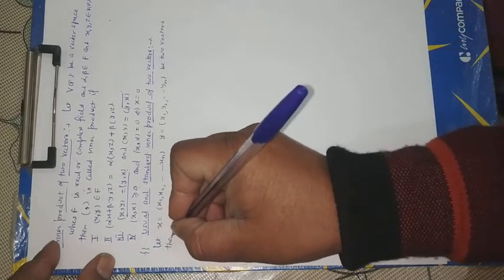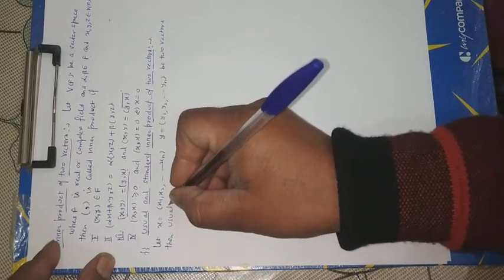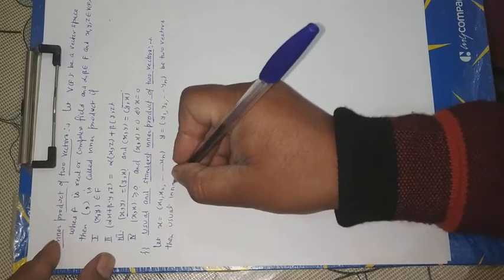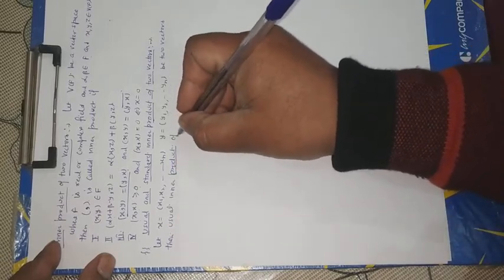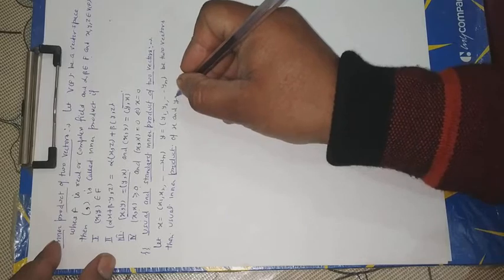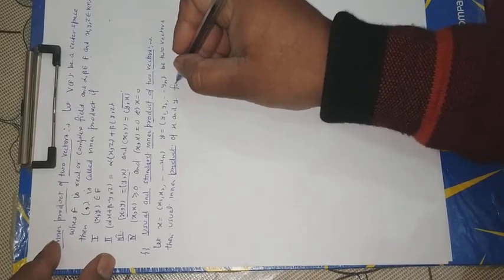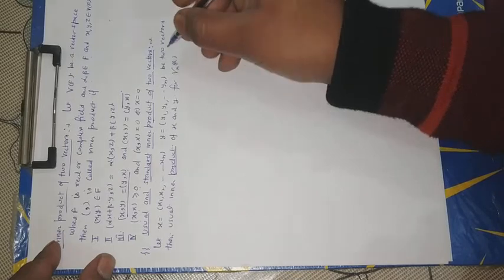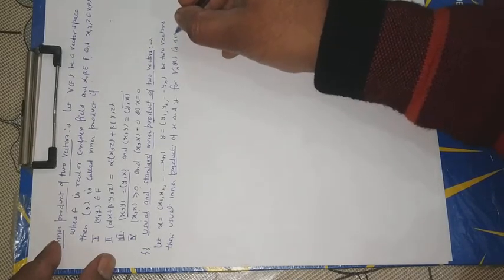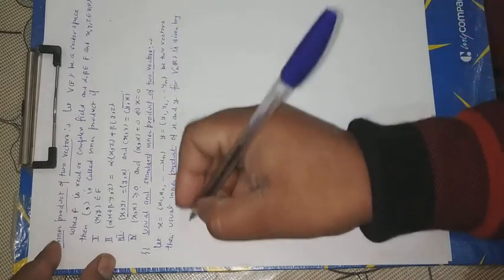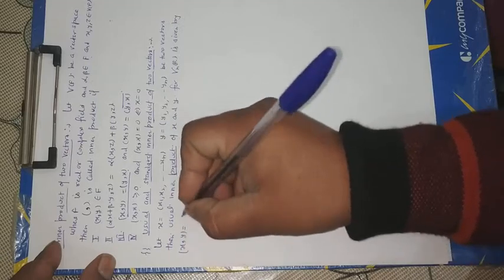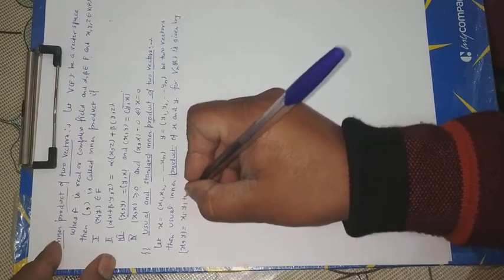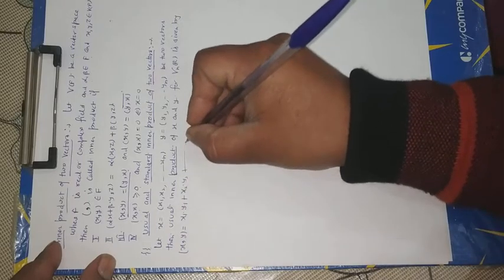Then the usual inner product of x and y for V(R) is given by: x inner product with y is equal to x1 times y1 plus x2 times y2 plus up to xn times yn.